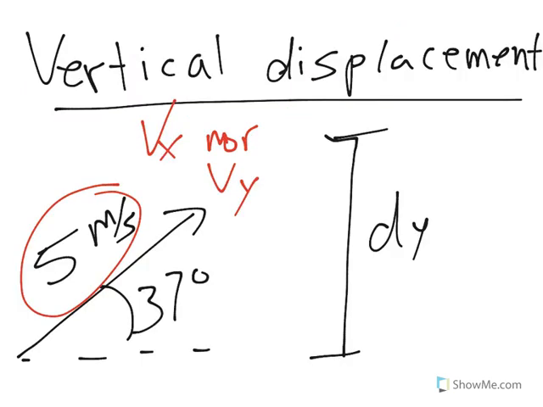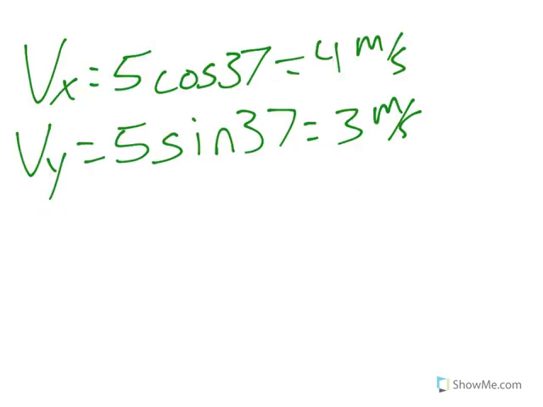If we're trying to figure out the vertical displacement, we know we're looking for dy. We don't have to worry about Vx, because if you'll remember, Vy is the only thing involved in the distance in the y. We don't interact with the x, so we can forget about the x and worry about the velocity in the y.